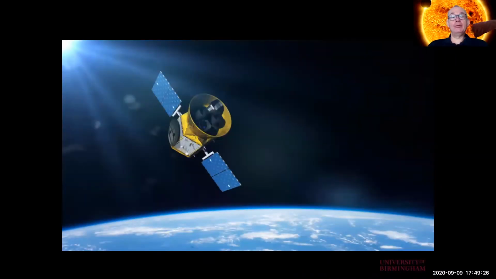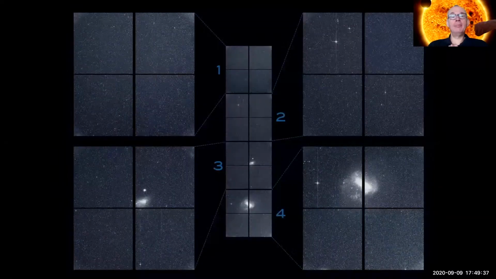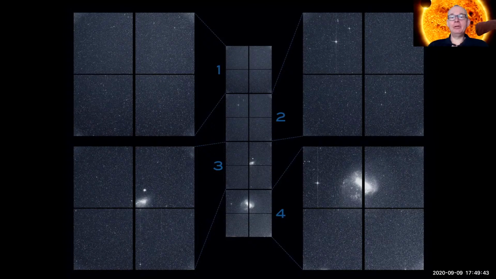So that put TESS into orbit. It took a few weeks before it actually got into its science orbit. But once there, it was able to take its first light image, and this is the image here. So this really gives an impression of the exquisite detail and the rich information content in these images.